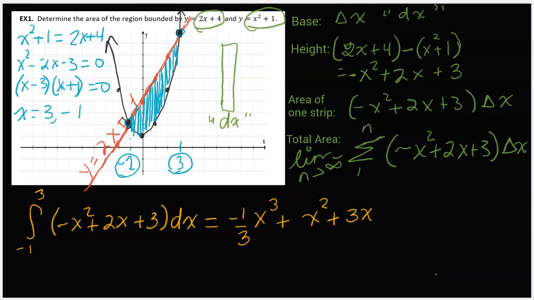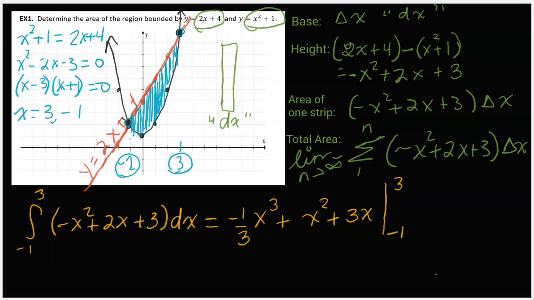Remember, if it was just an antiderivative, you have a c, right? But we are evaluating it from negative 1 to 3. So in other words, f of 3 minus f of negative 1, so the c will basically be gone, right?